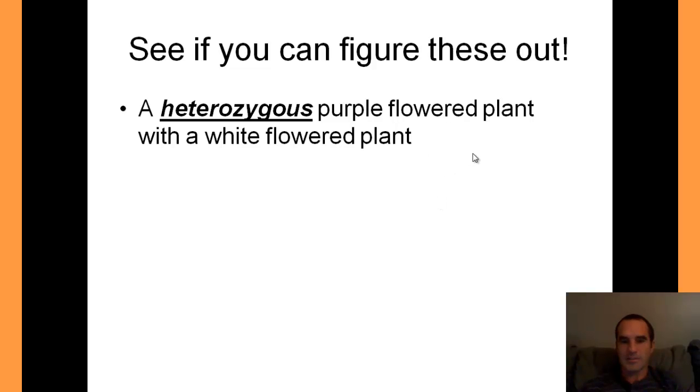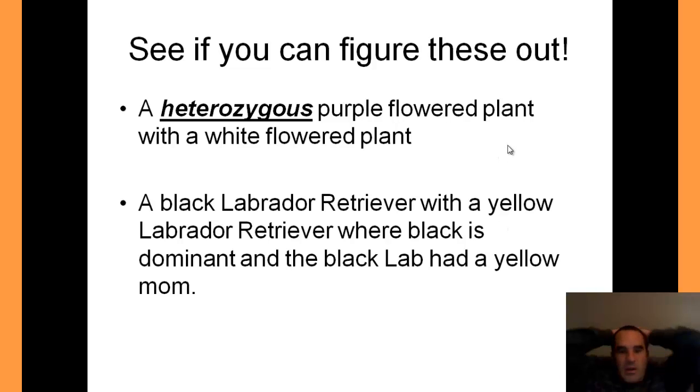And for this one, if the black lab had a yellow mom, think about that. For this cross, you can pause it, try it out, and then unpause it. Black is dominant, so for the black Labrador Retriever that had a yellow mom, the yellow mom passed on the lowercase b, and its dad passed on the uppercase b.